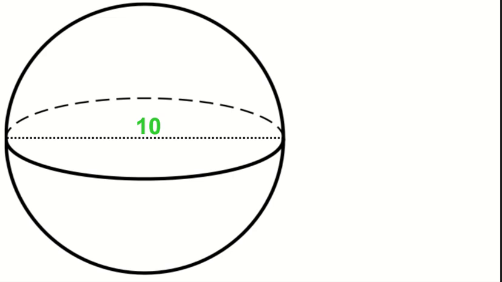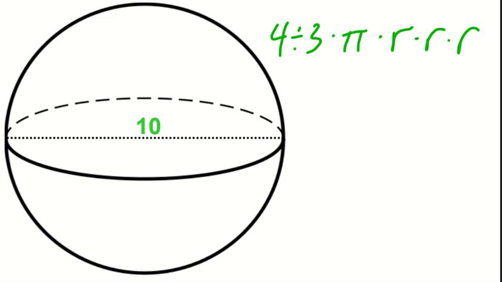Carla? 523.33 is going to be correct. So, sphere, 4 divided by 3 times pi times radius times radius times radius.